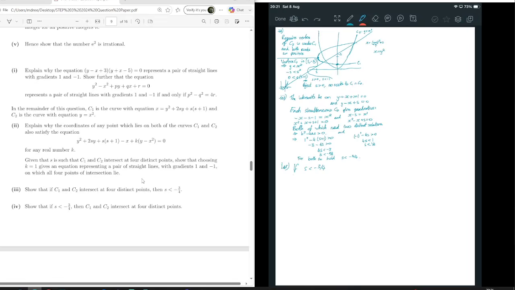Because I've certainly shown that those two straight lines do intersect with C2 in 2 places each.